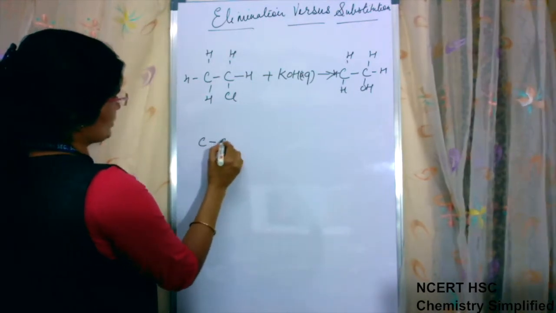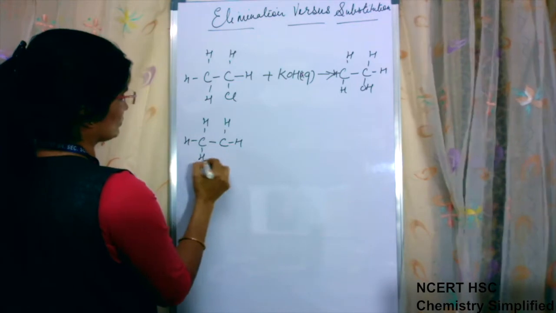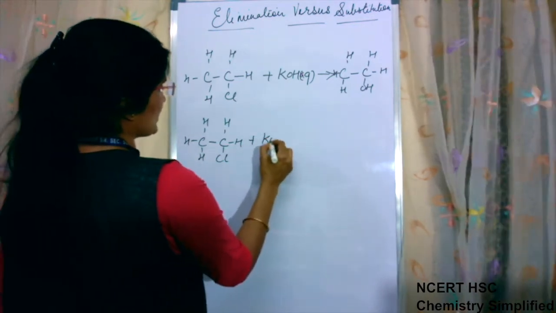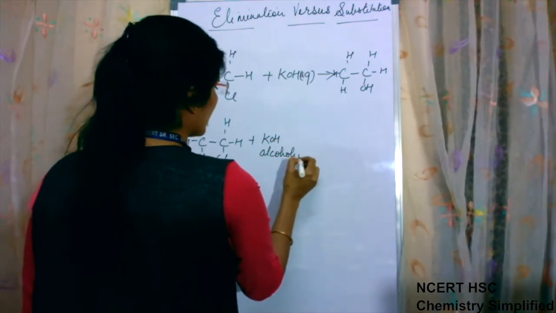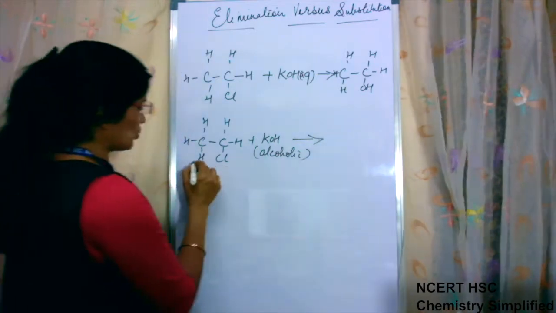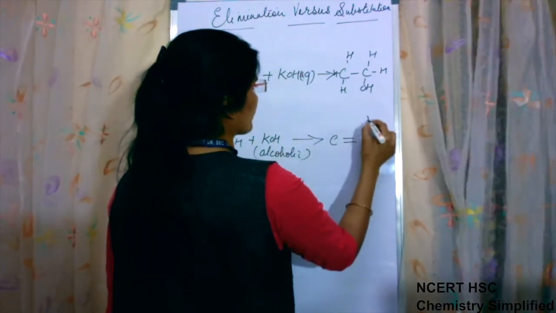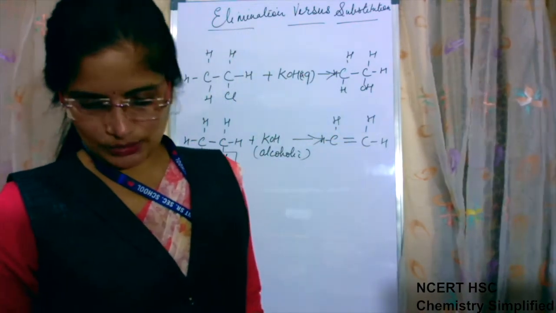And the same reaction, when it was taking place in presence of alcoholic KOH, then the product was an elimination product and we were getting an alkene here. That means what?